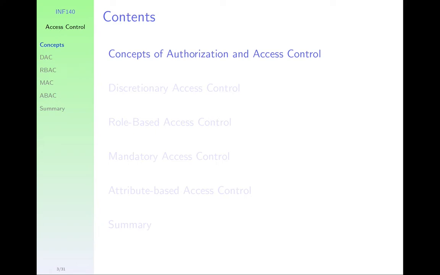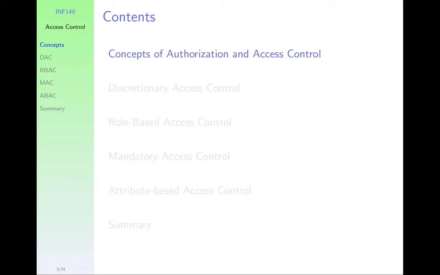This is the outline of the topics we will cover today. We will start with some basic concepts of authorization and access control. Then we will briefly go through 4 access control models: discretionary access control, role-based access control, mandatory access control, and attribute-based access control.